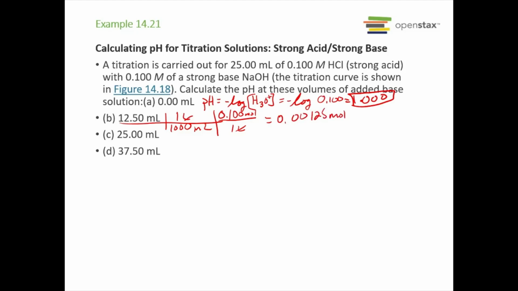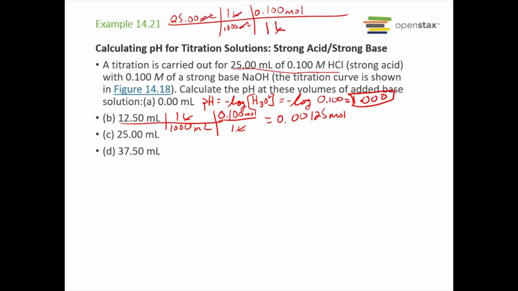And the moles of HCl that we are titrating, we have 25 milliliters, times 1 liter per 1,000 milliliters, times 0.100 moles of HCl per 1 liter.